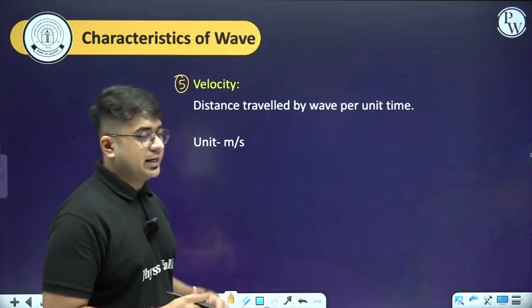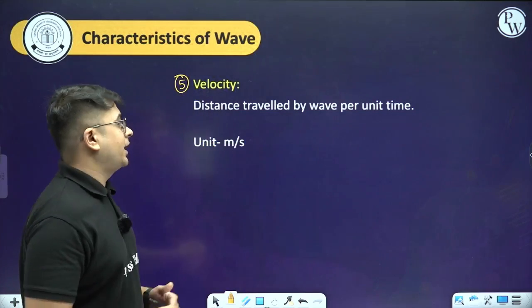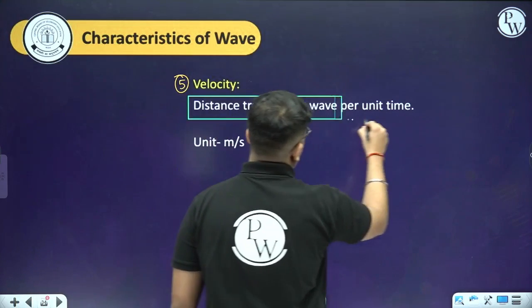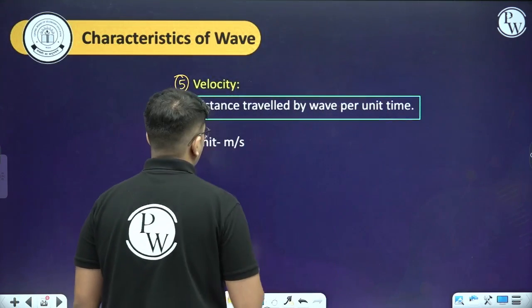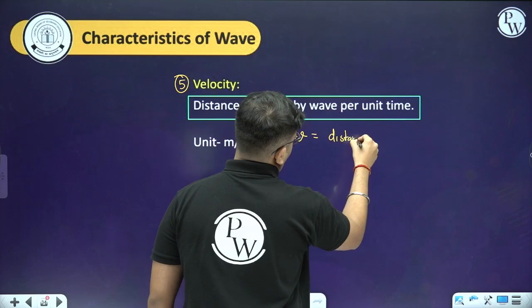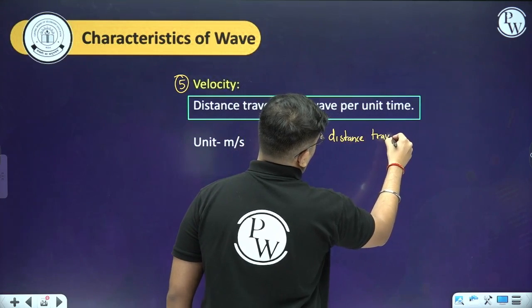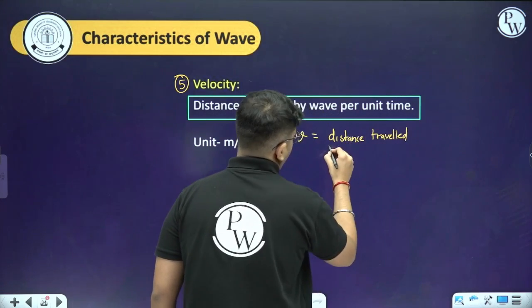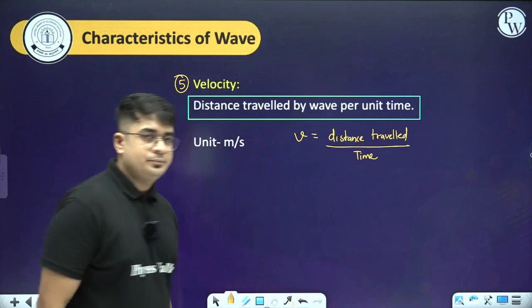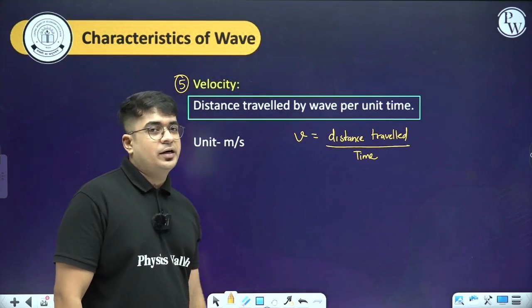Basically the distance traveled by a wave per unit time is known as your velocity. So you know that velocity will be equal to distance traveled per unit time. Okay, I hope this part is clear to everyone.